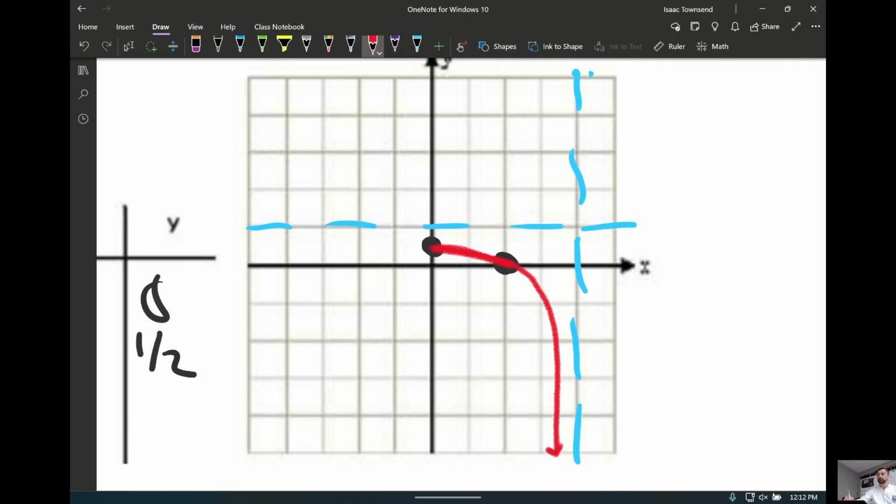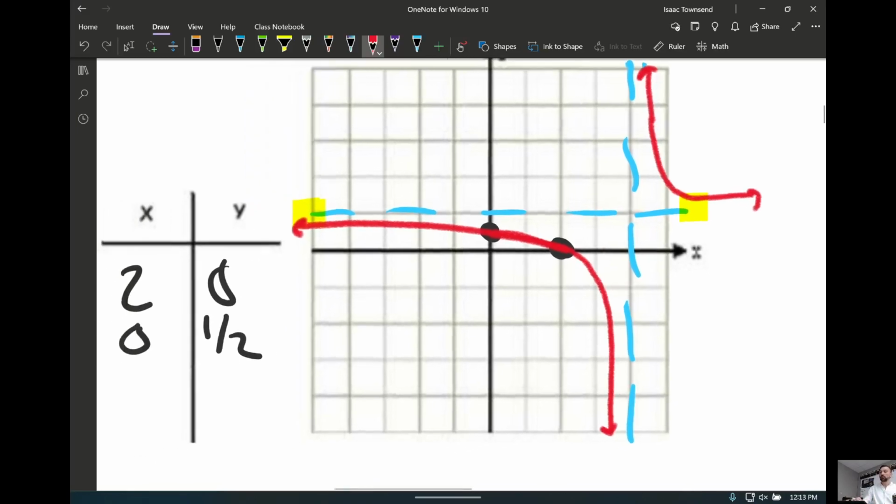So negative infinity on the left, positive infinity on the right. And then what horizontal and slant asymptotes tell you, by the way, you could never have a rational function that has both slant and horizontal. If you think about the definitions, it's not possible. But they tell you what it approaches as x gets really small and as x gets really big.